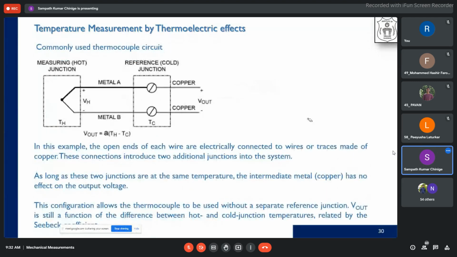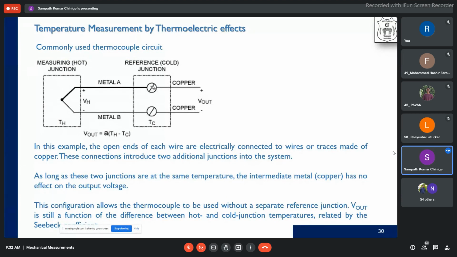Okay. So what is the commonly used thermocouple circuit? As I told you, you are using the circuit over here. How do you measure with the thermocouple circuit? We are giving an example where the open ends of each wire are electrically connected to wires made of copper. You can see over here, this is metal A and this is metal B, and we make one junction over here, which is the hot junction, and there is another, cold junction.